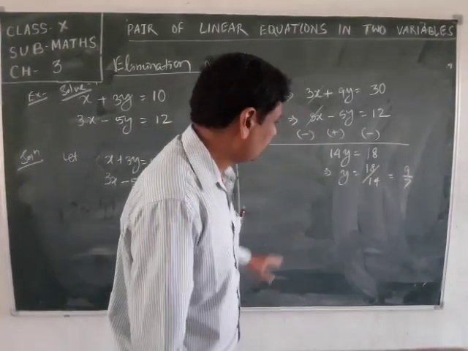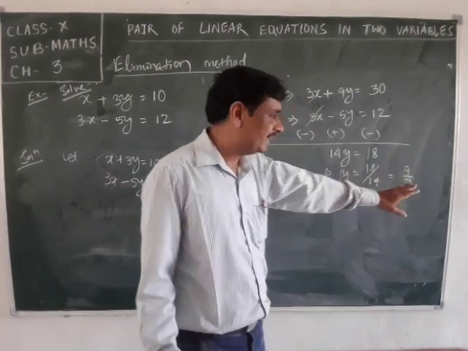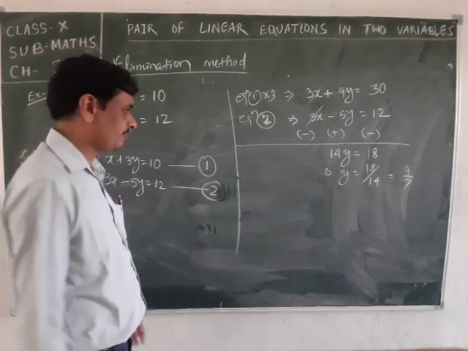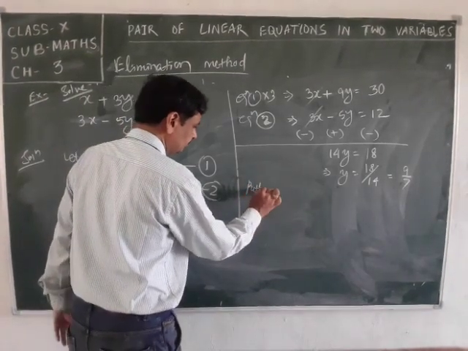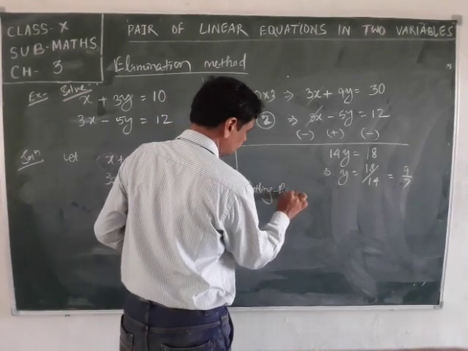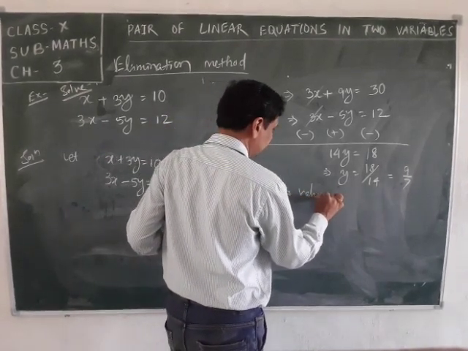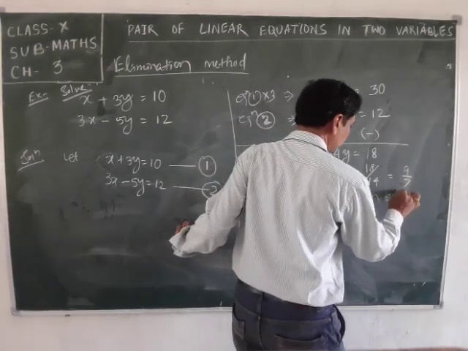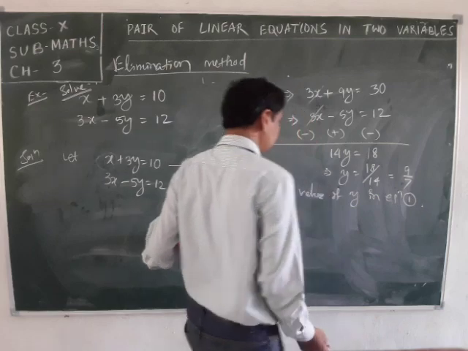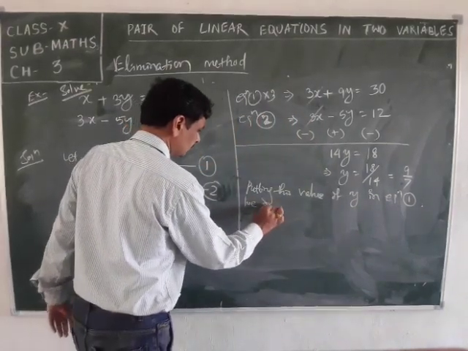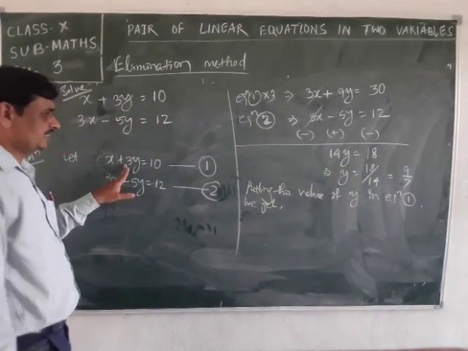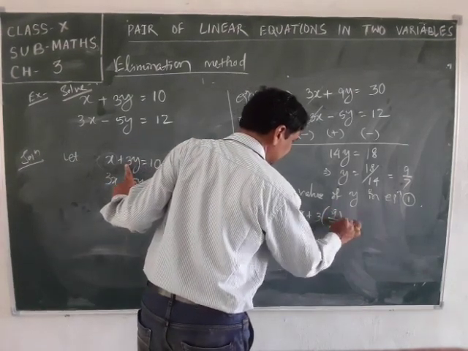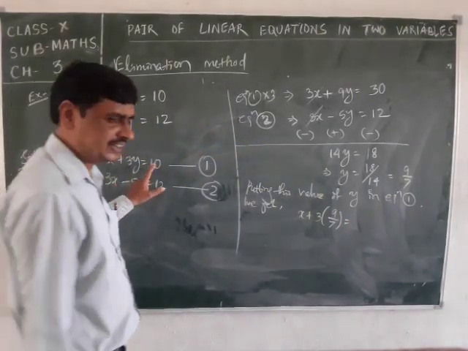Next, if we put this value of y in any of these equations, we will get the value of x. Here, putting this value of y in equation 1, we get x plus 3 into 9 by 7 equal to 10.